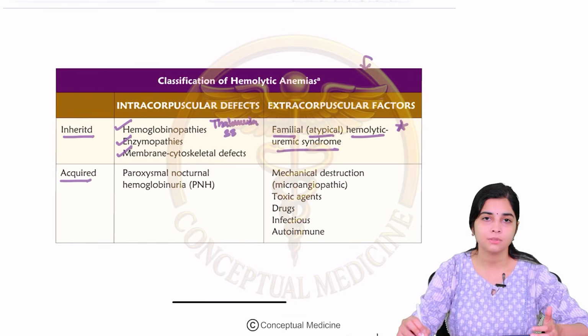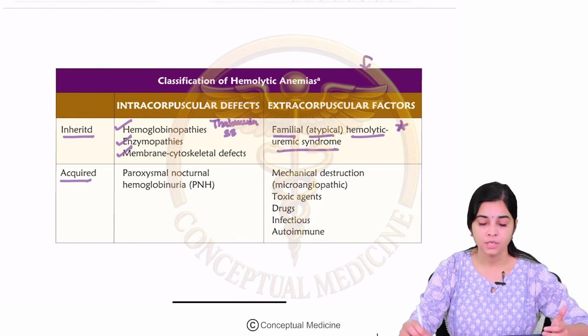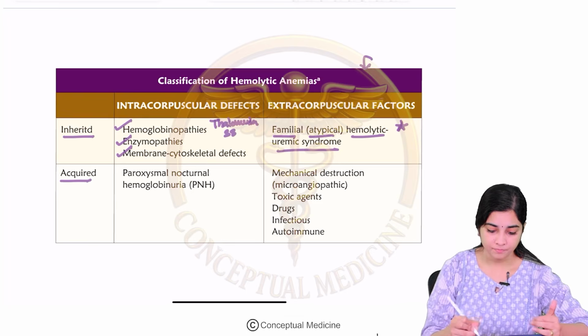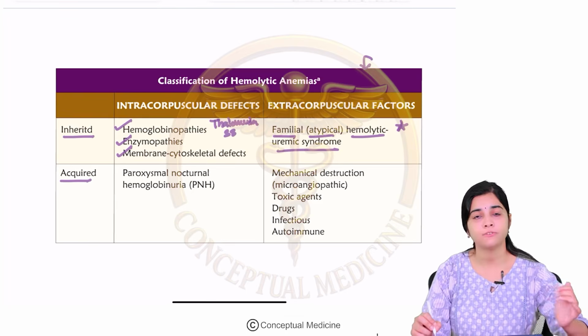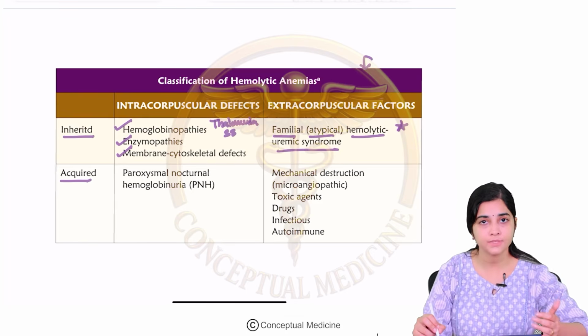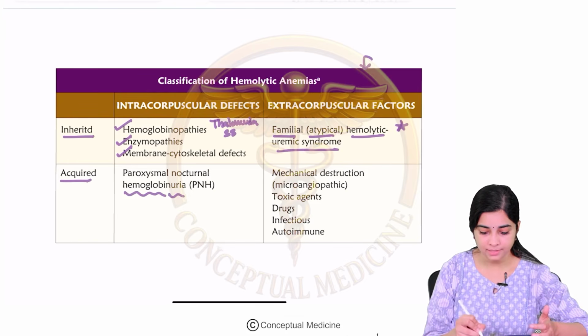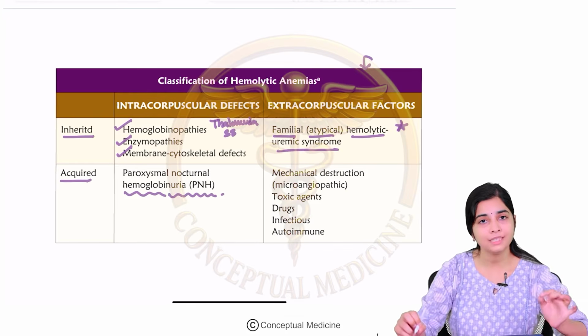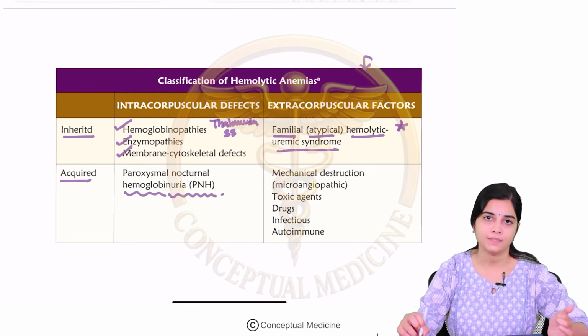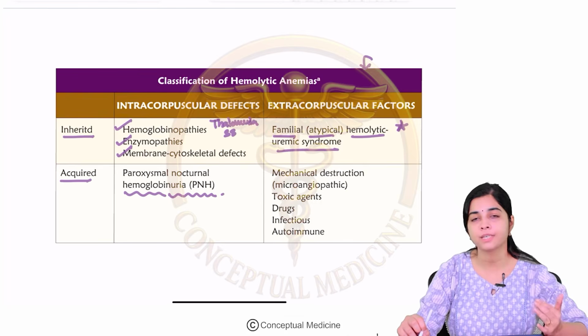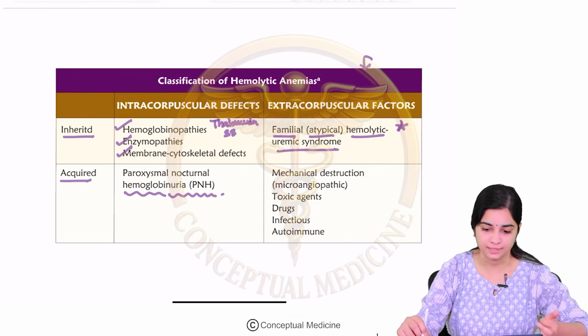Acquired causes often are associated with extracorpuscular defects. One exception you can remember is PNH, where there is an intracorpuscular defect, but it is acquired. We will look at PNH in more detail a little later.